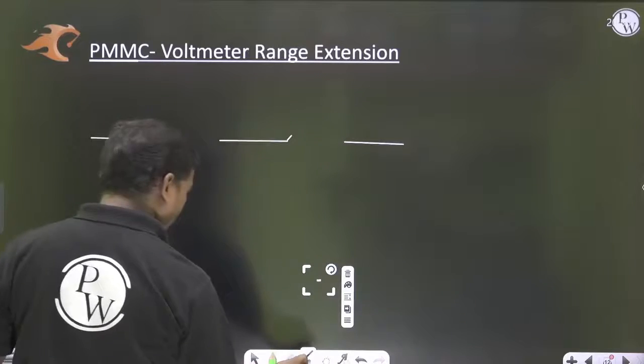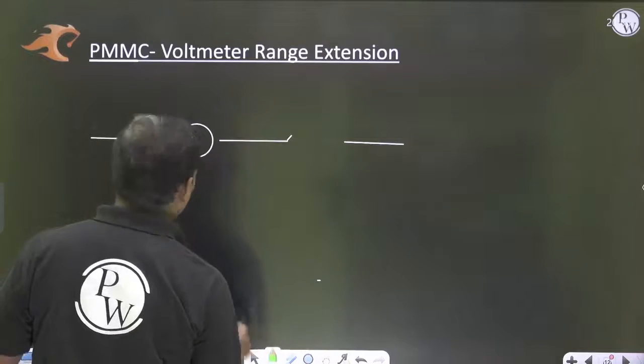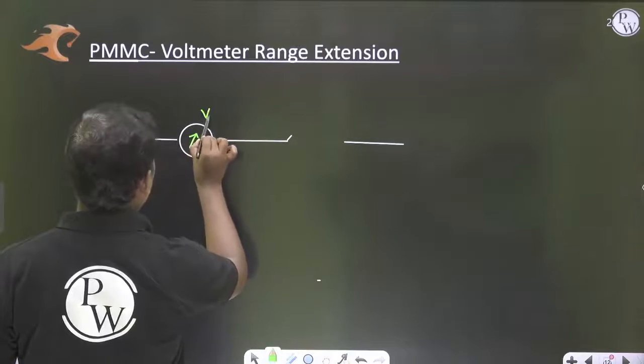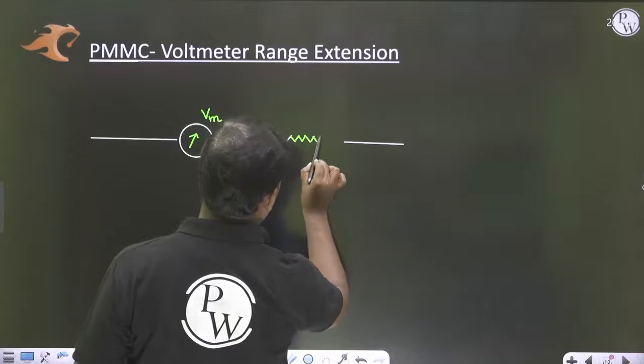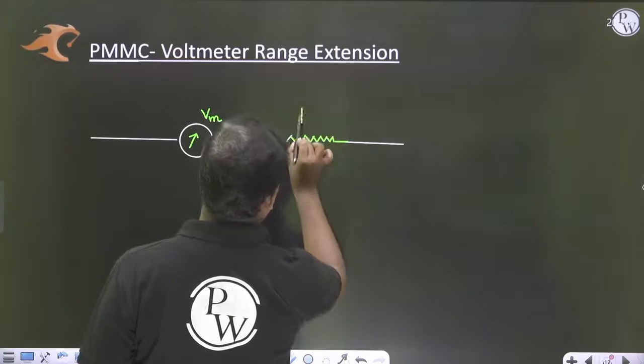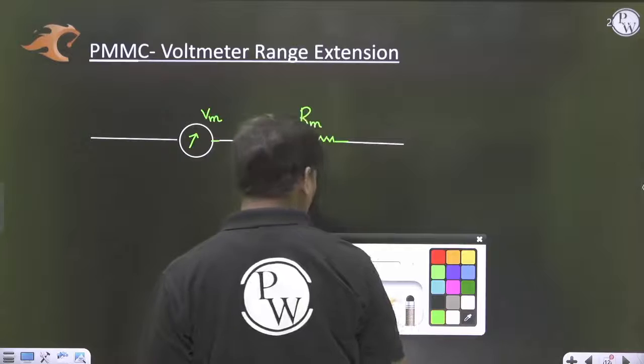So now this is our Rm, and for this we are going to connect a series resistor.